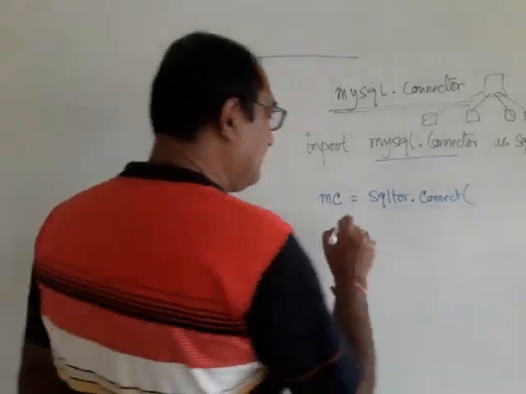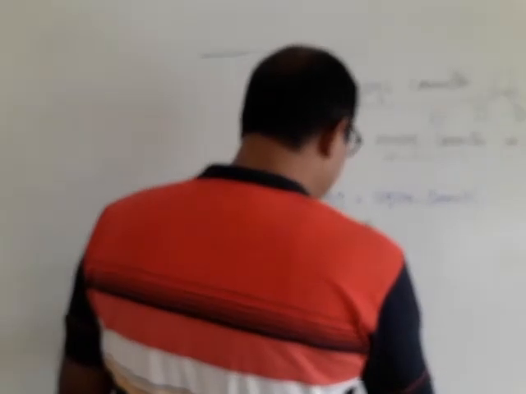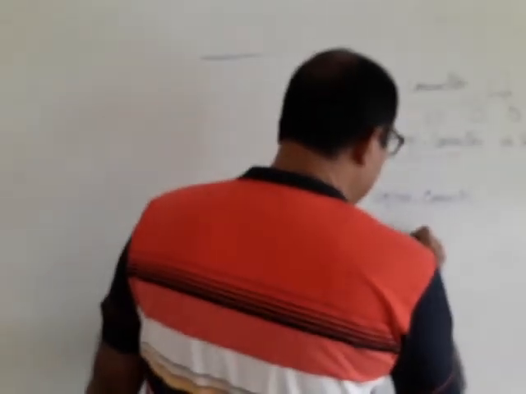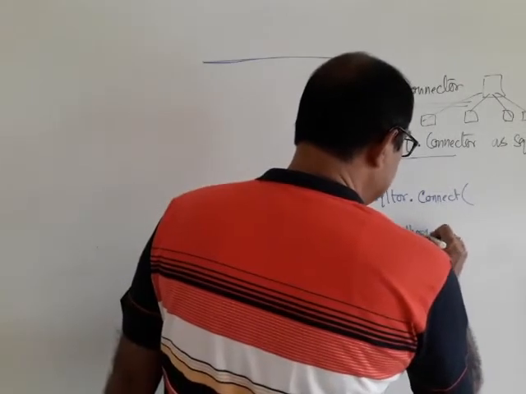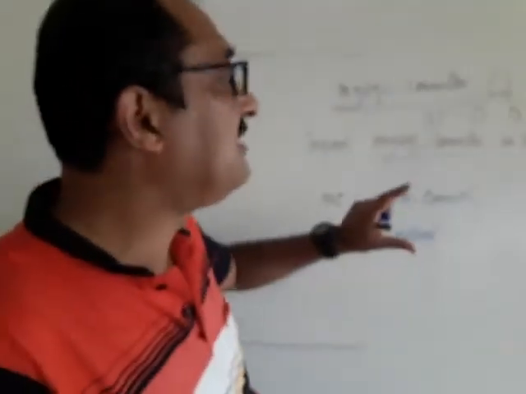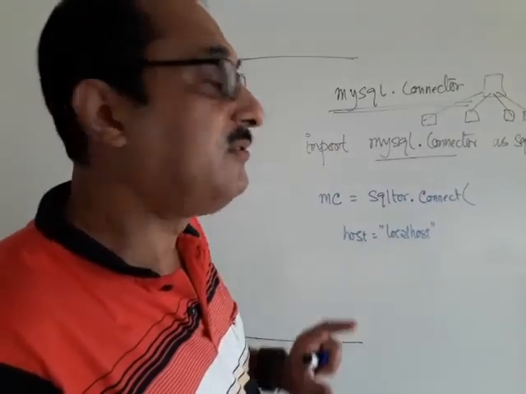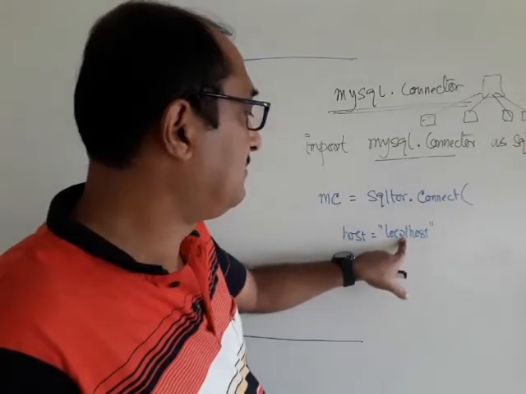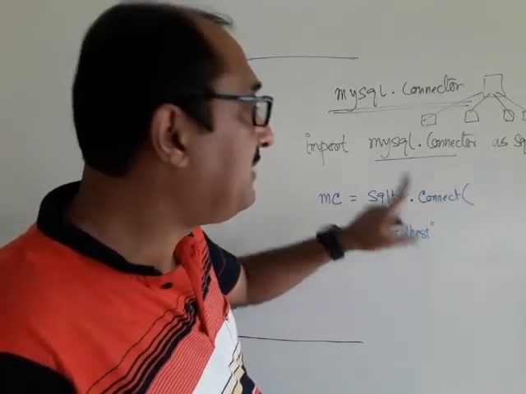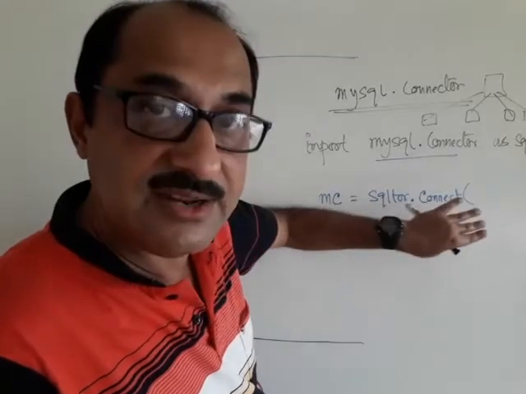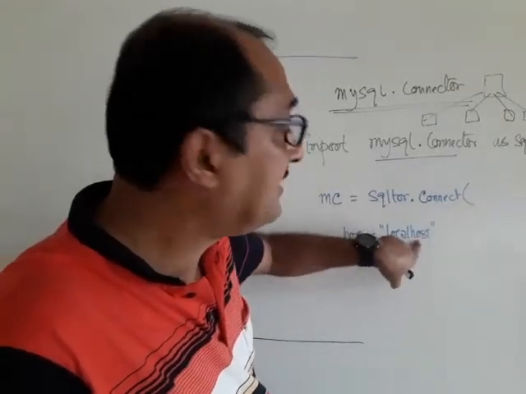First, you write a parameter like host equal to localhost. Since we are working from our standalone system, our MySQL is installed in our computer only, so we have to write host equal to localhost. If you are working in a server client system, then you have to write here the name of the server.